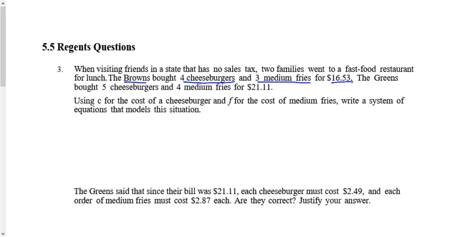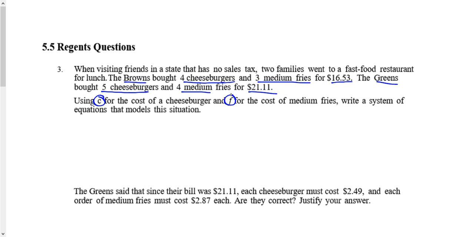Does that sound like you could write an equation for the cost of that? Okay, keep going. The Greens bought 5 cheeseburgers and 4 medium fries for $21.11. Using C for the cost of cheeseburgers and F for the cost of medium fries, write a system of equations that models this situation.